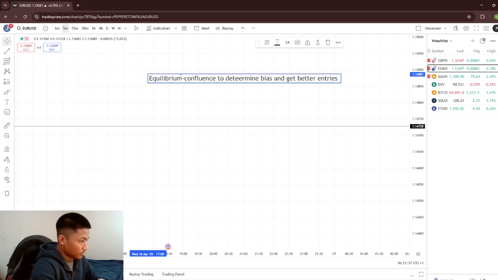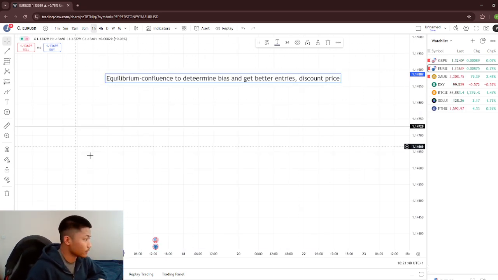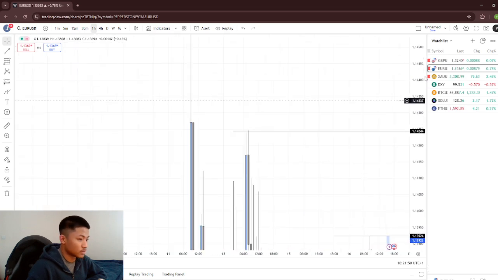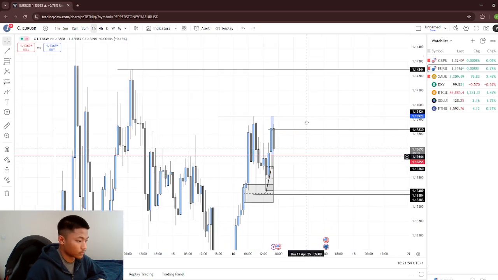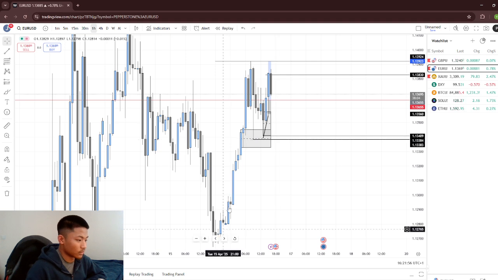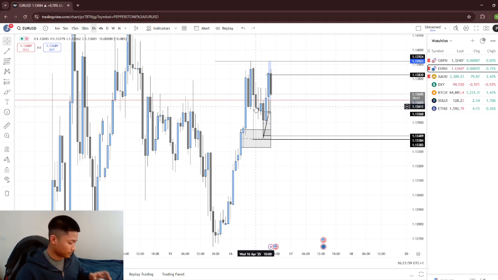You may ask why. This is discount price. That's basically it. All equilibrium is discount price. So let's say we hop into the charts. Market's moving away, where in order for it to go higher, we must come down a bit.